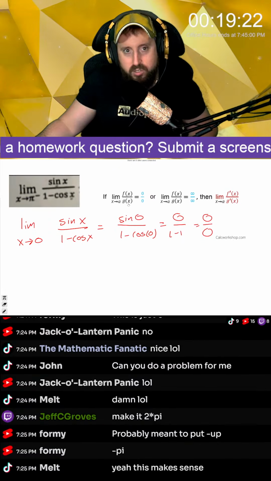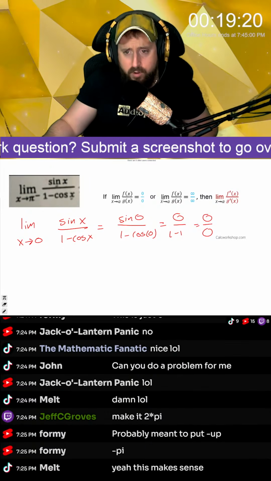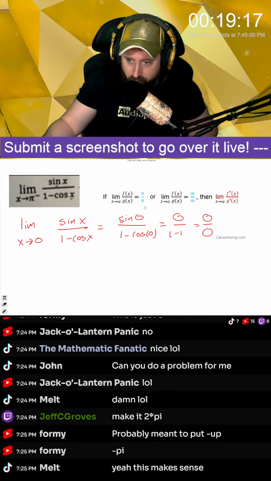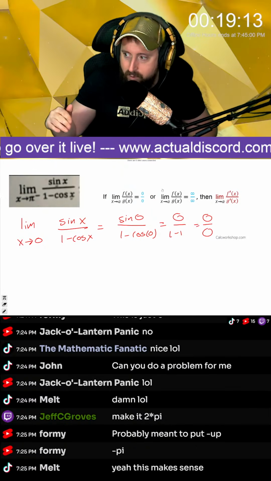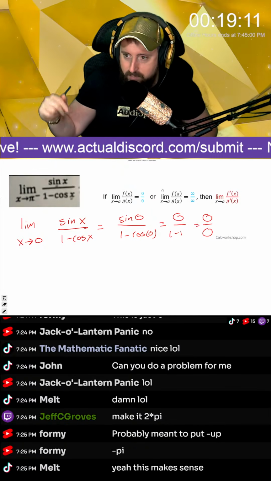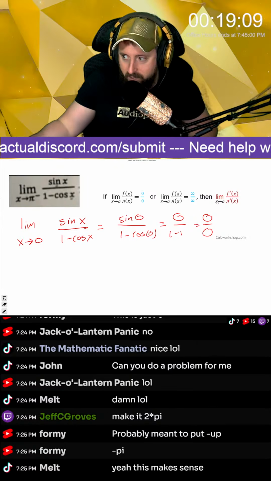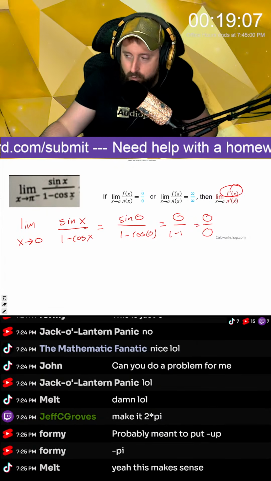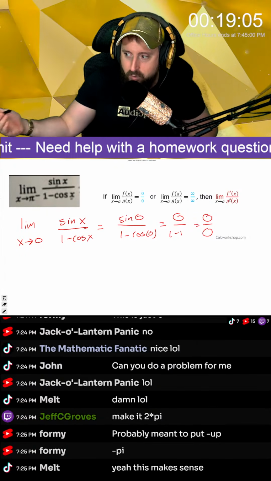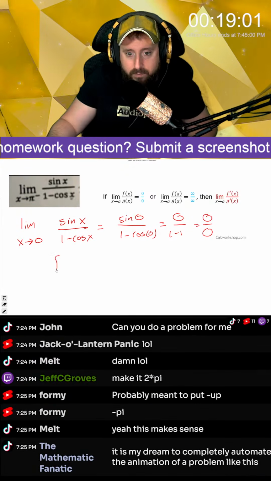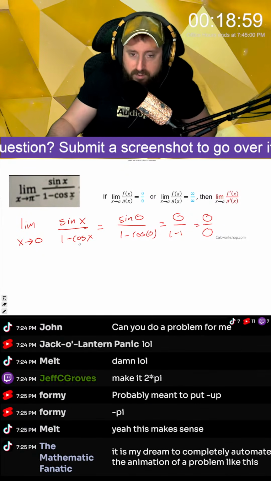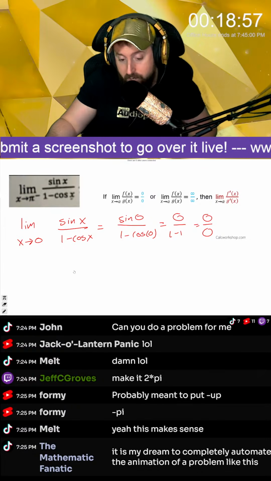Okay, cool. But watch. 0 over 0 is indeterminate form, and this is where you can do L'Hopital's rule, which says that when you get 0 over 0, the value of that limit is the same as taking the derivative of the top, taking the derivative of the bottom, and then doing the limit again. In this case, the top part is sine of x, and the derivative of sine of x is cosine of x.